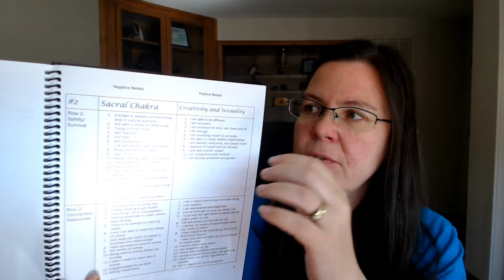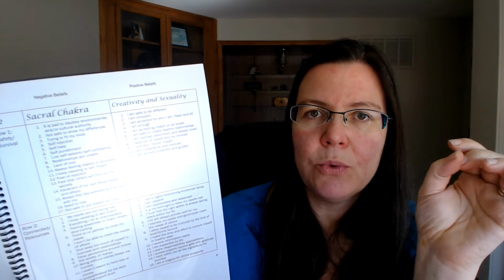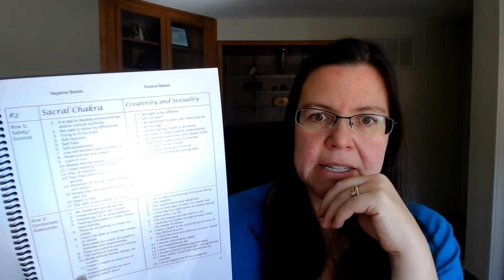So be aware when you are finding these beliefs in the different chakras and what they govern. It's on top of every single page what it governs, that overview, if that makes sense. And then I also have them split up into subcategories.